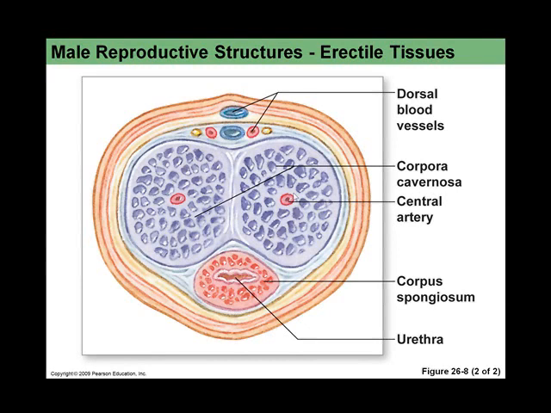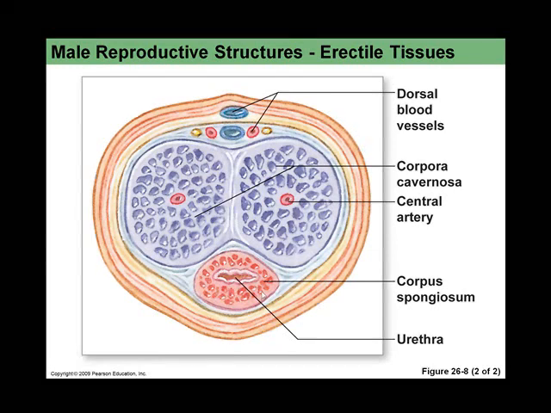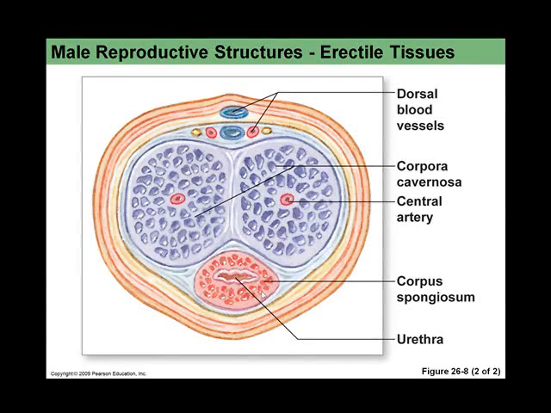Again, it will be the same for the female. The corpora cavernosa and the corpora spongiosa are represented in the female for erectile tissue of the clitoris, and it is a physiological regulation of blood flow for the engorgement of this erectile tissue that produces the vasocongestion, as it's called, that generates the erection of either the penis or the clitoris.